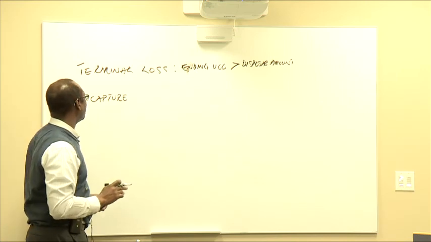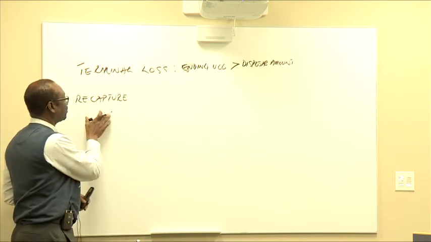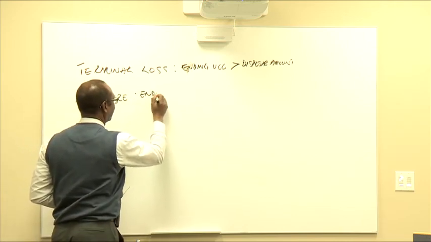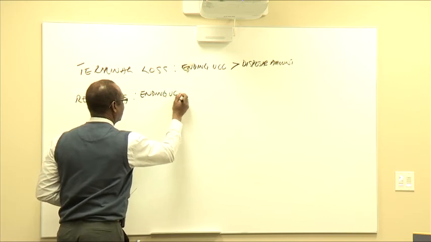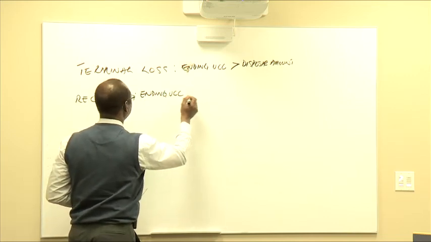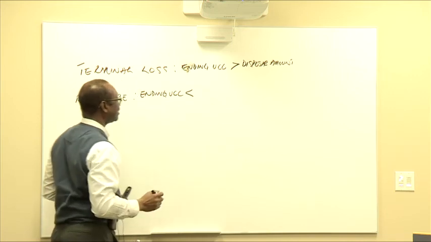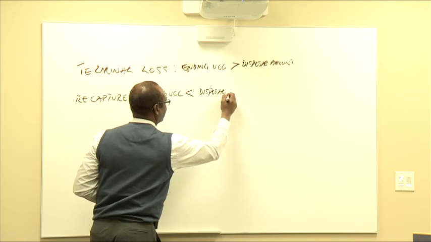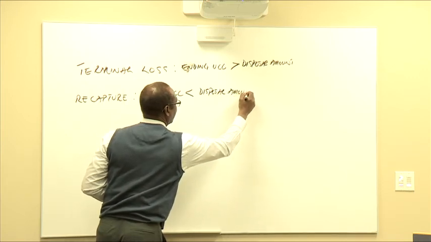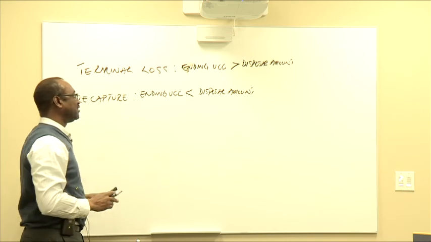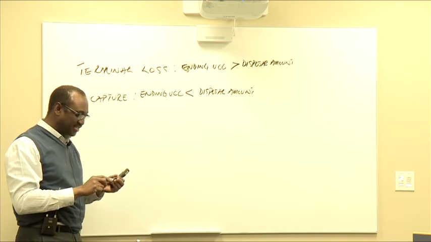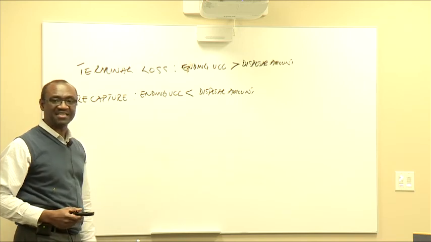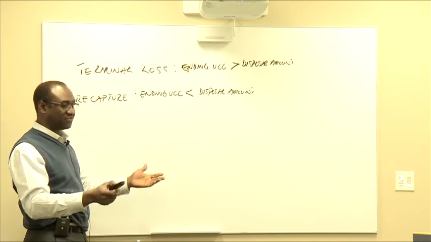With this loss, it means the company will not incur any tax liability. That's the implication. On the other hand, recapture is a situation whereby the ending UCC is less than the disposal amount, which means the company realized more than the value of the asset at the end of its useful life.